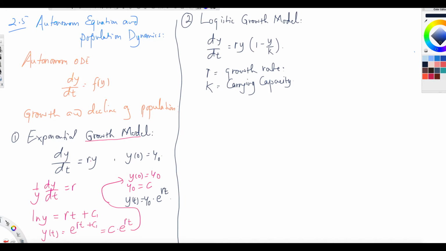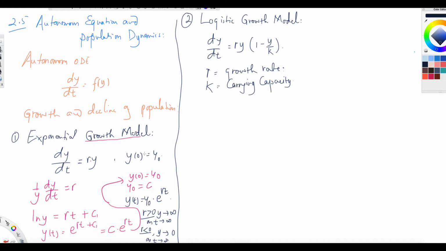So for r positive, y goes to positive infinity as t tends to infinity, but when r is less than 0, y goes to 0 as t tends to infinity. This is the behavior of the solution as t goes to infinity, okay?